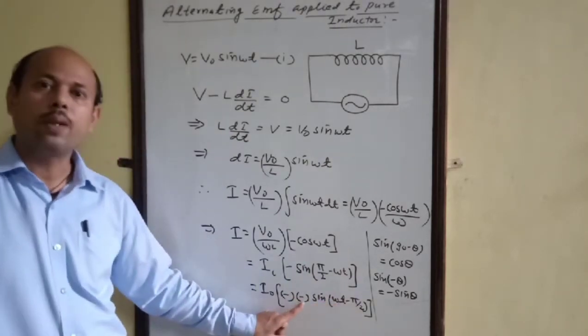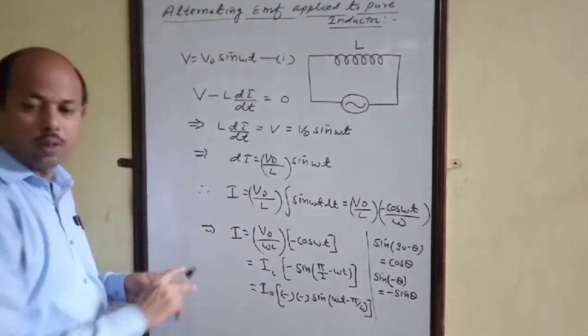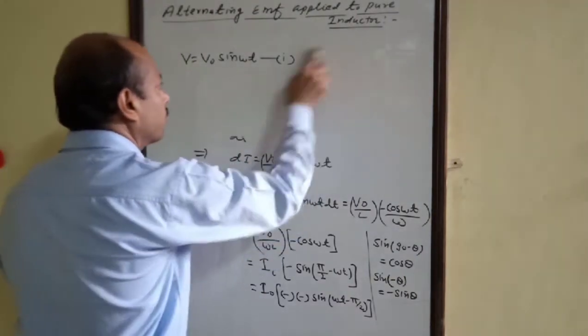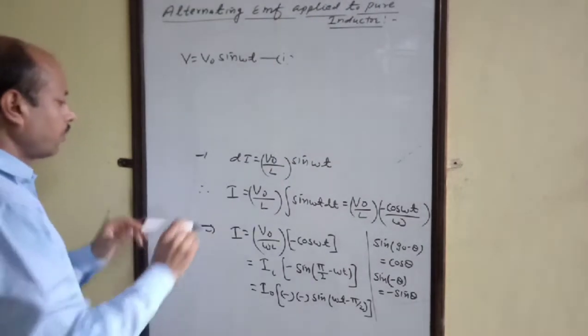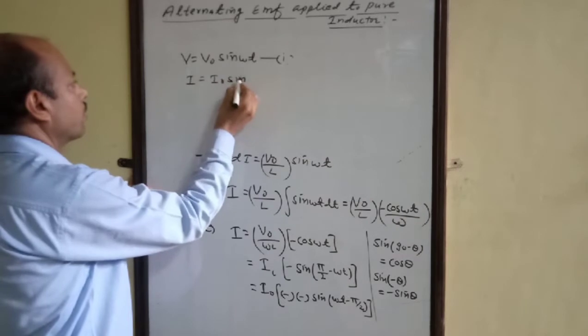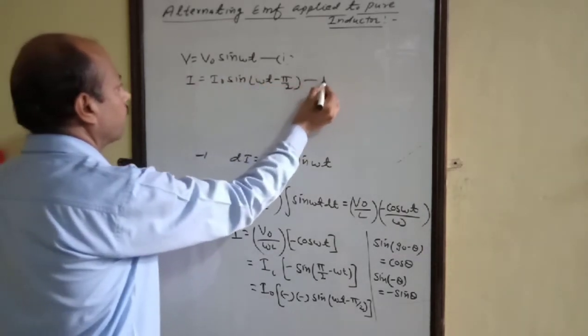Therefore, this minus can be taken out, and minus minus will become plus. Therefore, the final answer we will get is I equals I naught sine omega t minus pi by 2.